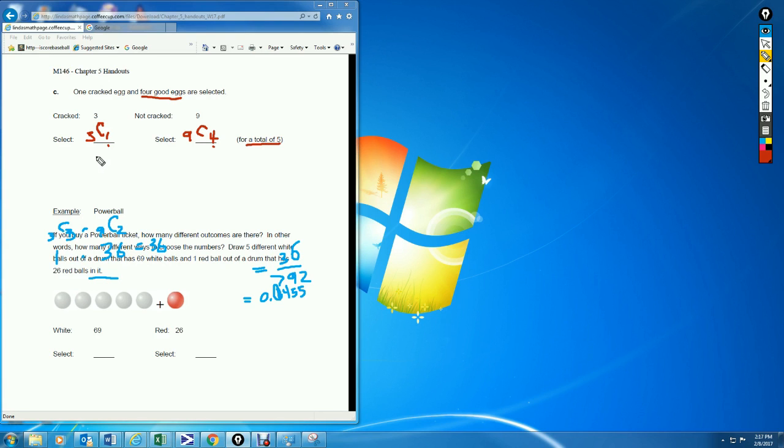So in other words, 3C1 is 3 times 9C4, which is 126. Okay. So the total is 378 ways to choose that particular grouping of eggs. Okay.